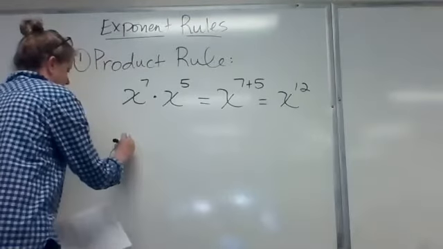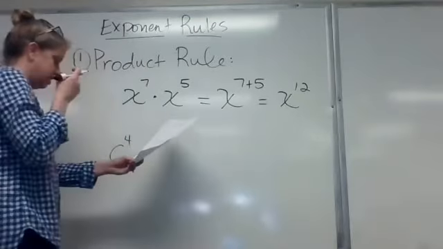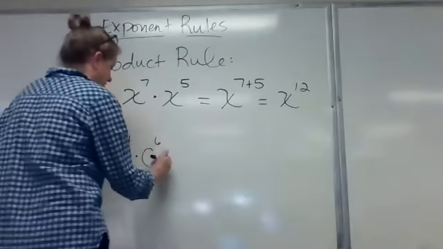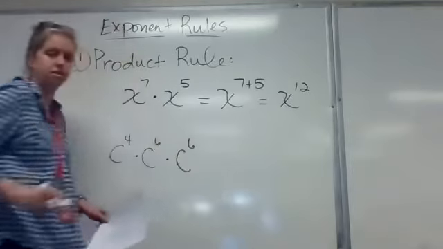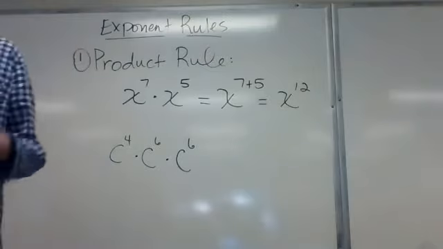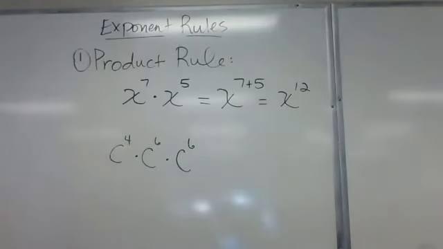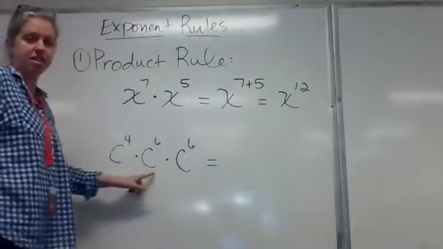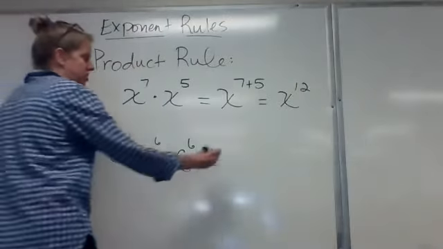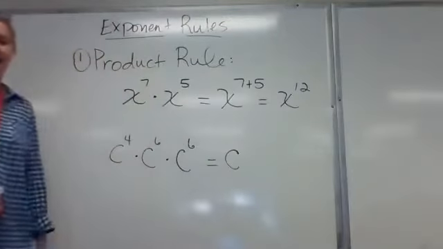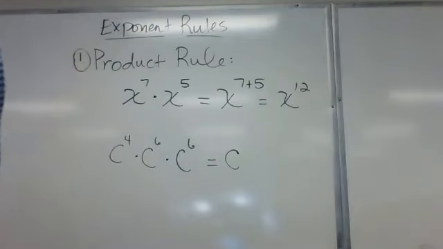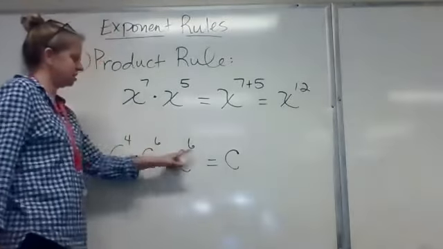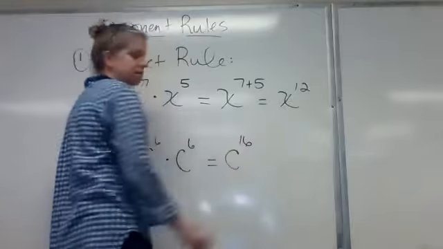C to the 4th times C to the 6th times C to the 6th. All the same bases being multiplied together, which just simply means I'm going to add all of their exponents. 4 plus 6 gives me 10. 10 plus 6 gives me 16.